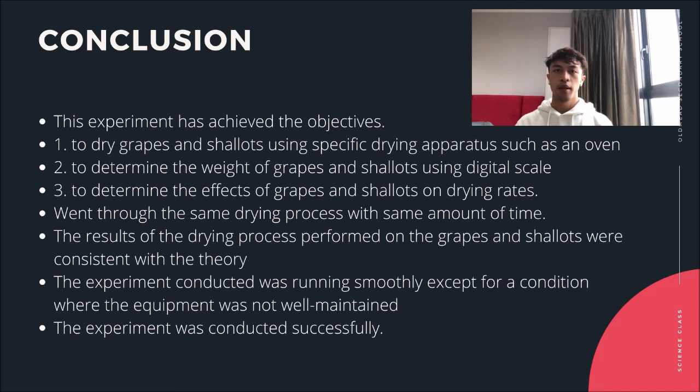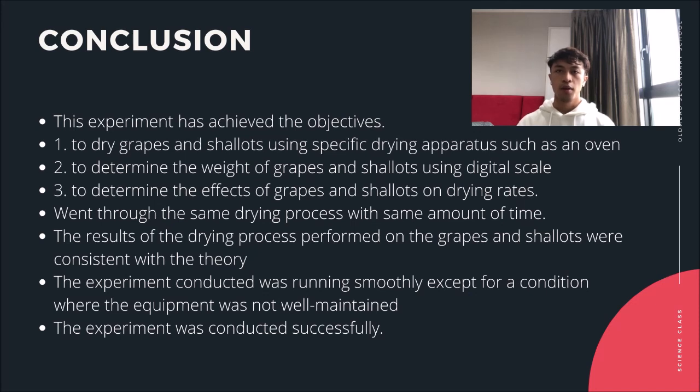From this experiment, both samples went through the same drying process with the same amount of time until they reached the same mass 4 times consecutively, at a temperature of 200 degrees Celsius, and the mass was taken every 5 minutes. The results of the drying process performed on the grapes and shallots were consistent with the theory, in which drying did not occur in between some of the intervals of the graph due to consistency of mass.